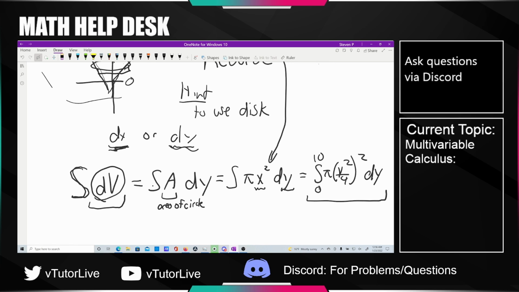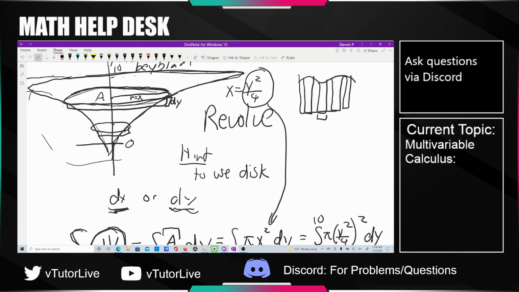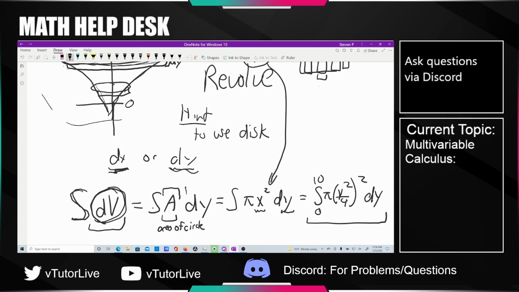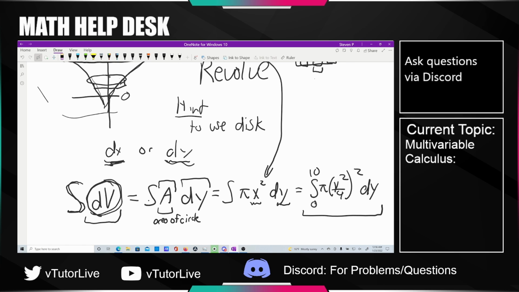Then you just rewrite the dV as something you know how to calculate easily, which is just area, that's nice and finite, times dy, where dy is doing all of the calculus work, so to speak.